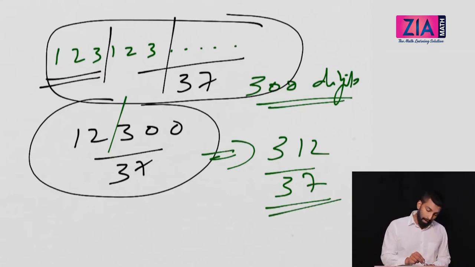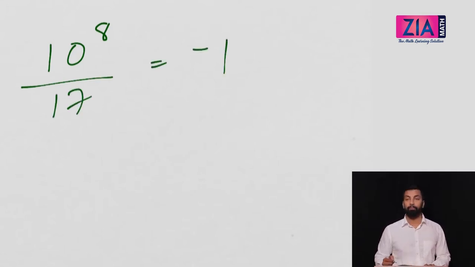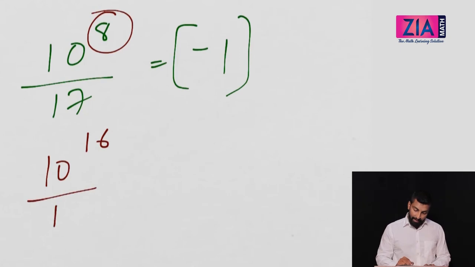Okay. Now let me discuss 17. In case of 17, the rule is 10 raised to 8 by 17 will give you -1. Based on this only you are going to make the rule. So if it is 10 raised to 8, it means you need to group into groups of 8. 10 raised to 8 by 17 is giving -1, which means 10 raised to 16 by 17 will give you +1.